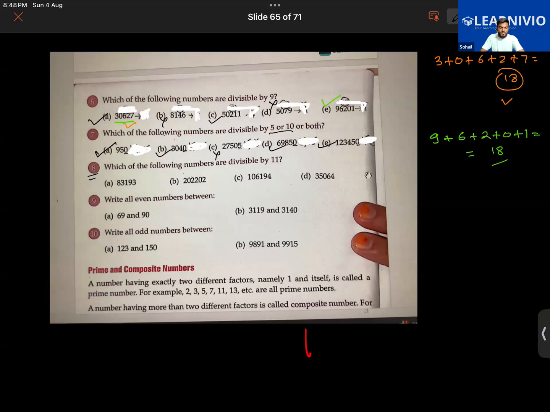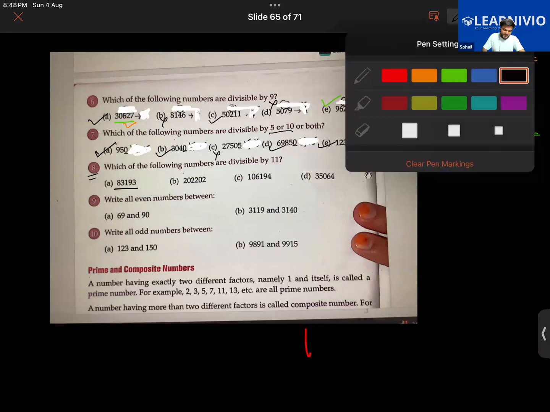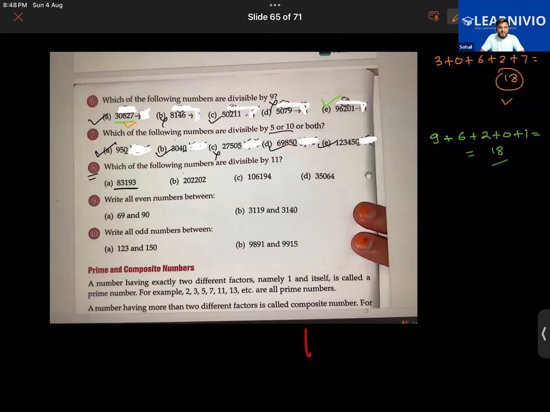So for question number A, 83,193. To find out whether it is divisible by 11 or not, you know what procedure you have to follow. First of all, you have to make alternate pairs.